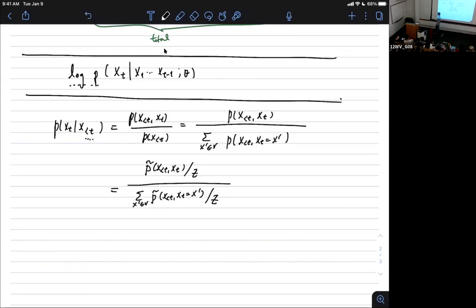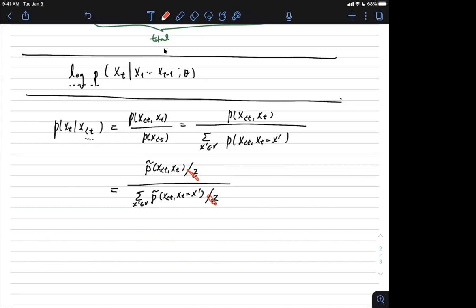And then you realize that these Z's cancel each other. What this actually tells us is that we don't need the actual probability of these subsequences, x going from 1 to t, but all we need is some value that's a scaled version of the actual probability, in both the numerator as well as the denominator.